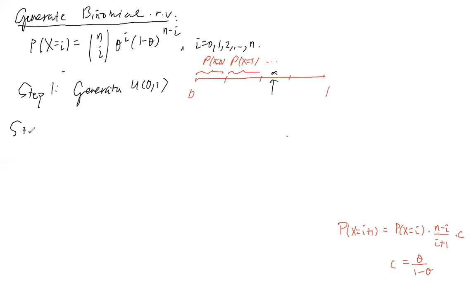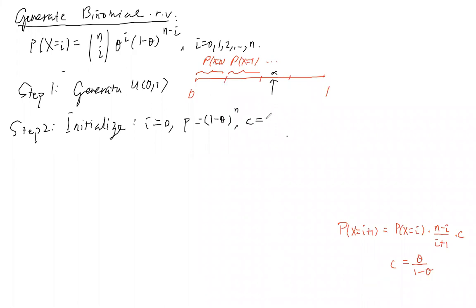Okay. So step 2 is again the same thing. So you have to initialize. Okay. So your I is equal to 0. Your P is equal to 1 minus theta power of n. Right? You sub in everything, so you get 1 minus power of n.